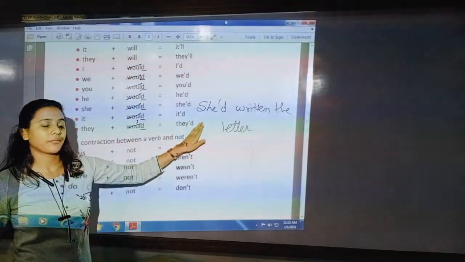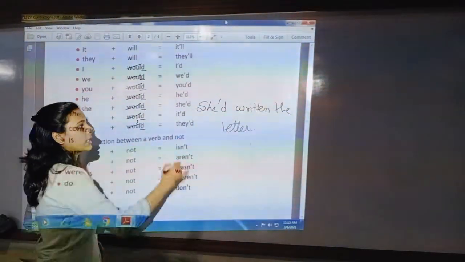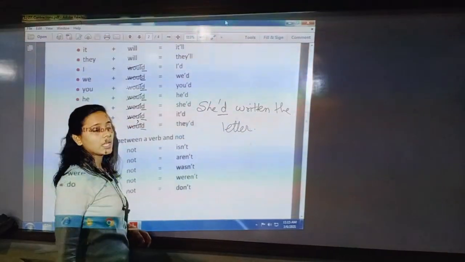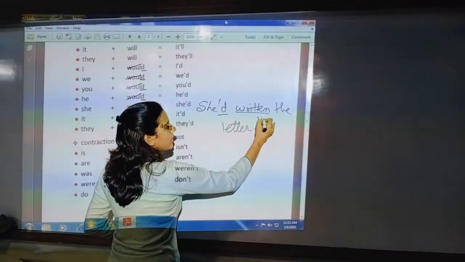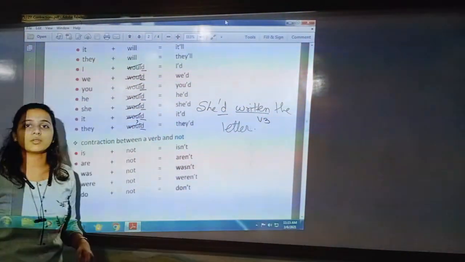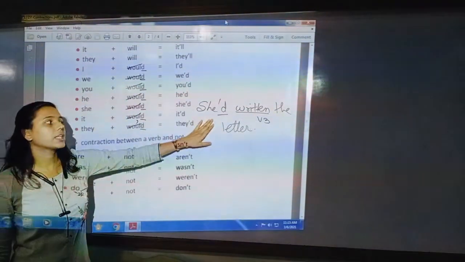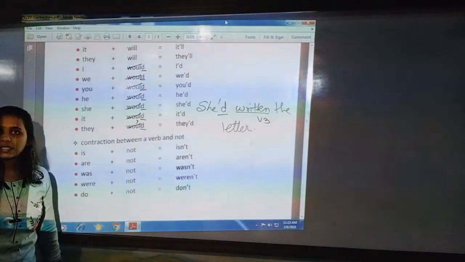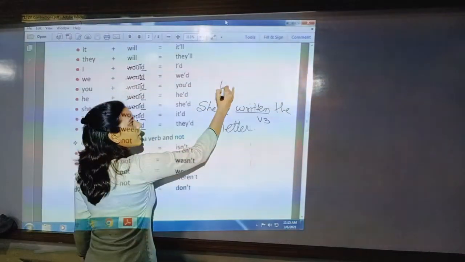In this, after apostrophe D, you can see the verb's third form, that means past participle form, is used. That means it is for perfect past tense, so it is for had.